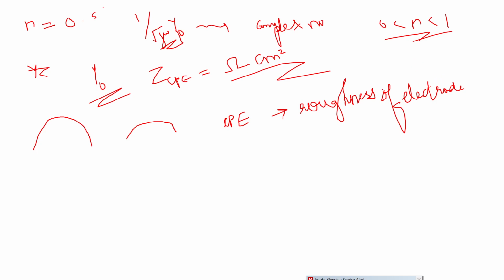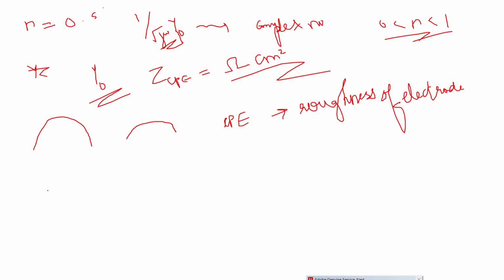For our naked eye, the electrode may look very smooth, but it might not be the case when we look at it under SEM. There can be scratches, and because of the scratches there can be some ups and downs. It depends upon how much of a scratch, how deep a scratch. So within an electrode there will be different levels, and each point will have different energy levels.